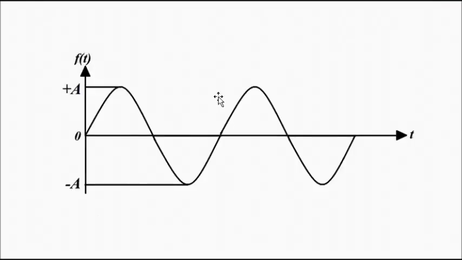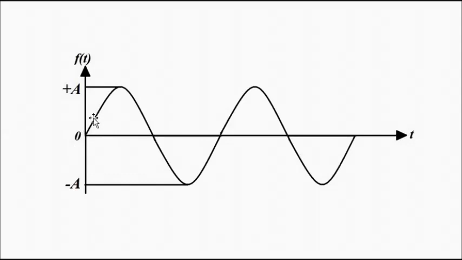Suppose we take a sinusoidal signal. The peak amplitude is the maximum value which the signal can take, the absolute value, because it will be the same in both the positive and the negative directions. Here it is plus A, the peak amplitude, here it is minus A. Magnitude is the same, sign is different.